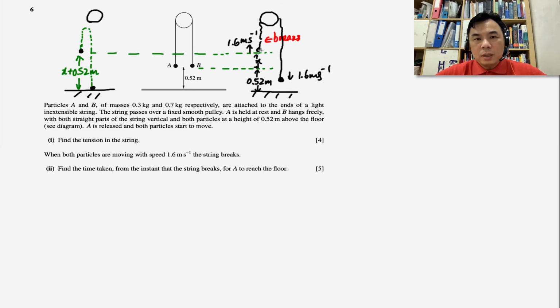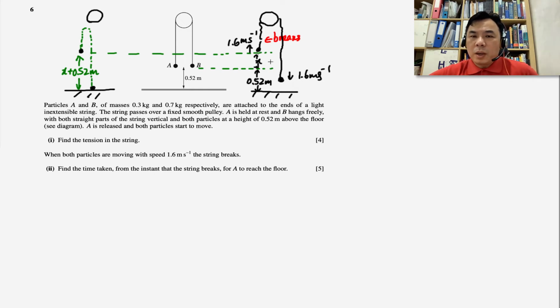This is exactly the same distance at the position when the string starts to break, and we take this distance at this moment to the ground as x plus 0.52 meters here. All right, so those are the information that we have. At this point we are quite interested to find out how far it has moved from its initial position just before the string breaks.